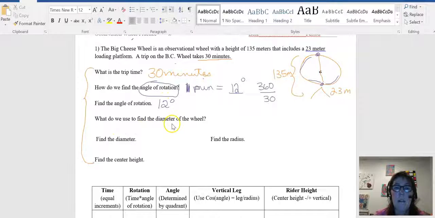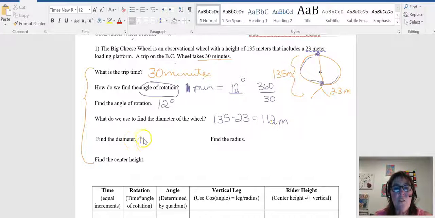Next, I want to find my diameter. Now the diameter is just the diameter of the Ferris wheel. It does not include the stand height. So in order to calculate that, I'm going to take that 135 and subtract out the stand height. So that's 135 minus 23, which gives me a diameter of 112 meters.